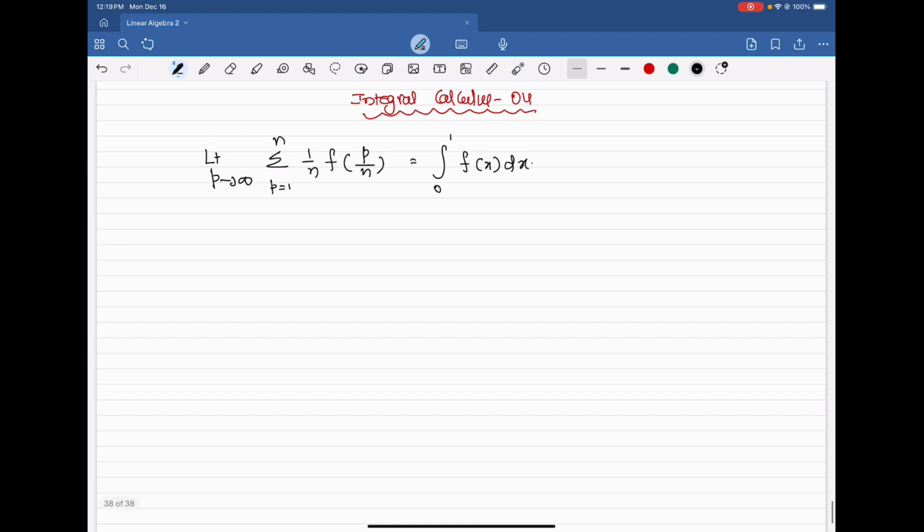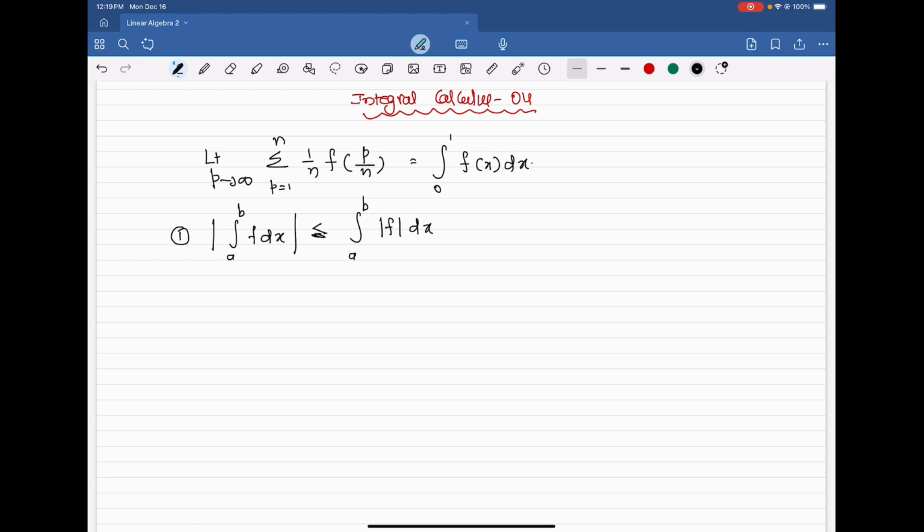The first basic property is: the absolute value of integral a to b of a function f with respect to dx is less than or equal to integral a to b absolute value of function dx.